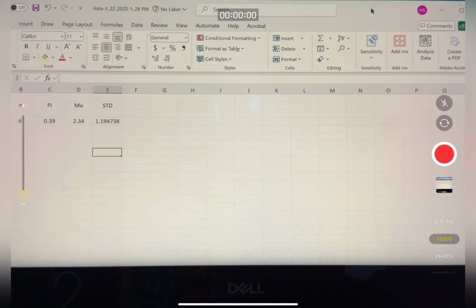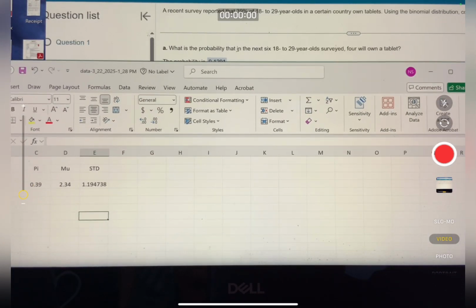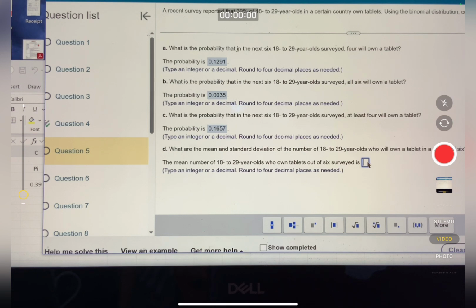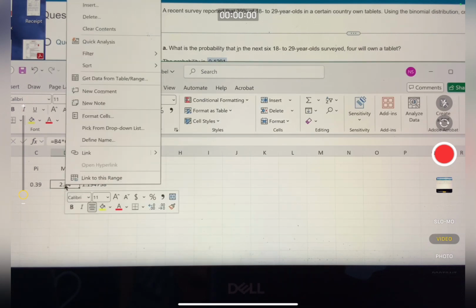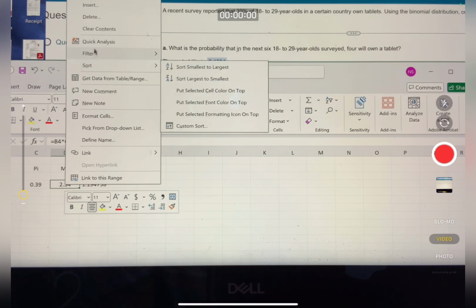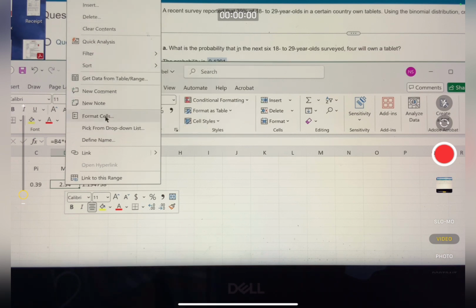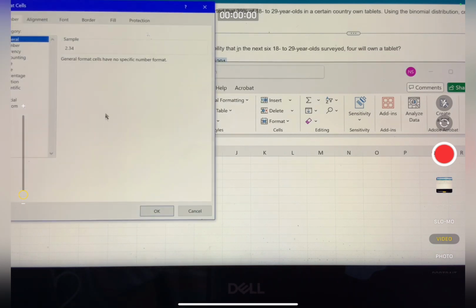Okay, 2.34 to 4 decimal places. Well, we'll just add. Let me change the format. Where is the format? Here. Format cell.